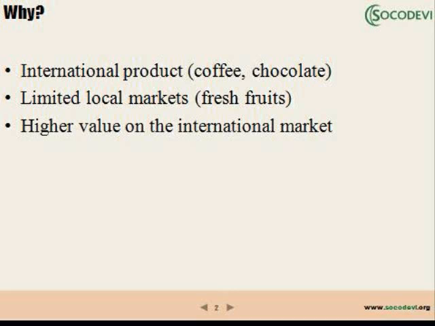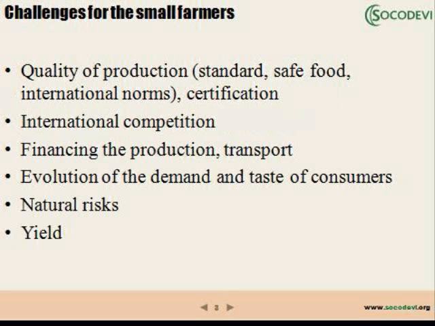And the other aspect, in some cases, there's a higher value available for a small farmer if they can sell their product on the international market. So for these three reasons, we have decided that in some cases, it's possible and suitable to support small farmers to reach international markets. But when they try to do this, they are faced with many challenges, obviously.